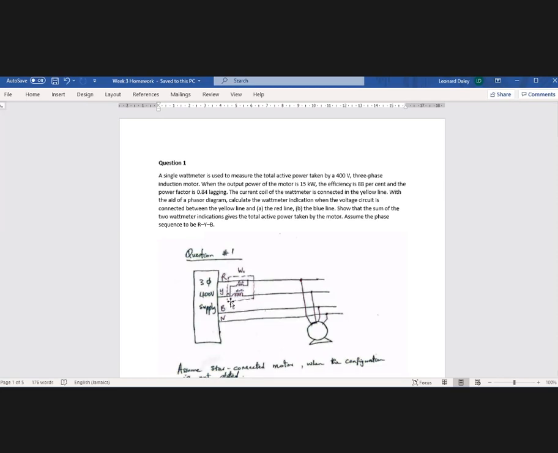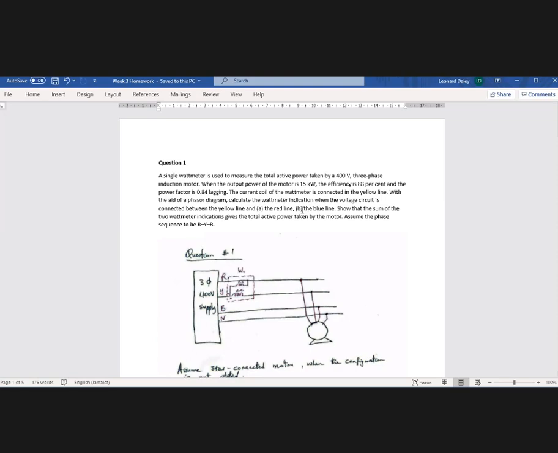I have two very small dots here that indicate the polarity mark. Wherever the current coil is connected, that would be the positive polarity for the current coil and also for the voltage coil. You with me? Yes, sir. All right. So it's VYR.